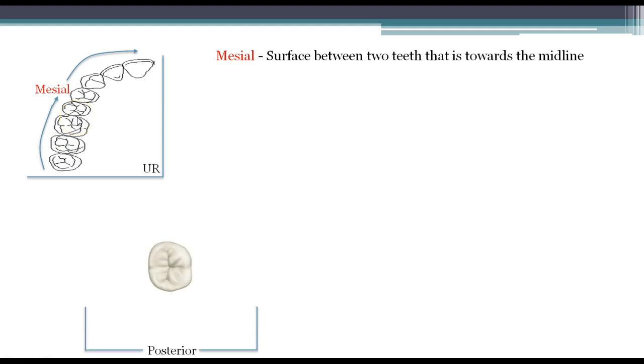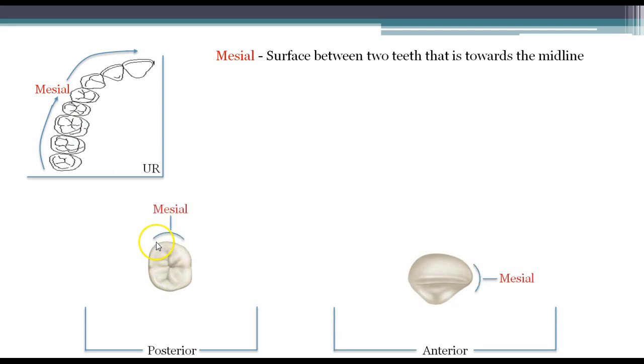Next we're going to show the posterior, and we have our anterior teeth. So this over here will be our mesial. So we took this one out, or this one, whichever one you want it to be. We took it out, and we put it here now. This side will be our mesial. Remember, this side is our buccal, because it's towards the cheek. This side is our lingual, because it's towards the tongue.